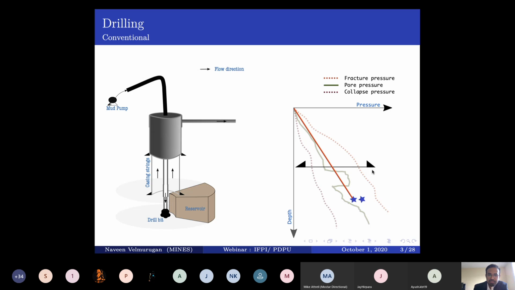So this is the point where you set a casing, and this is an illustrative example where you have drilled into an over-pressured zone. So your pore pressure is higher than the pressure encountered by your wellbore, right? So what you want to do is increase your bottom hole pressure from this particular point to the next point.